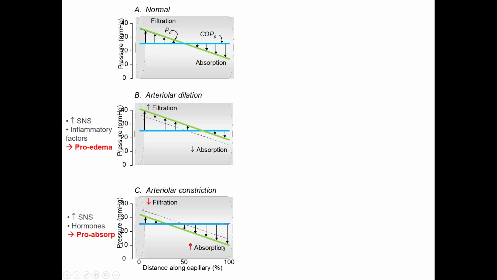So compared to the normal hydrostatic pressure in this dotted line, the capillary hydrostatic pressure with arteriolar constriction is lower at every point. And again, since capillary hydrostatic pressure is the driving force for filtration out of the capillary, lowering that pressure at every point along the capillary leads to decreased filtration and net absorption.